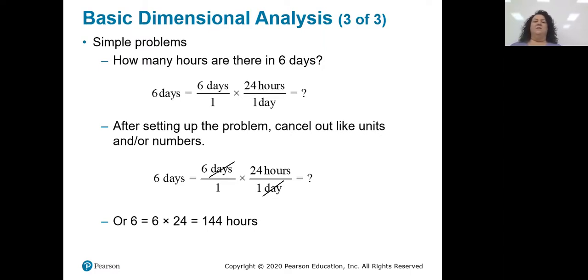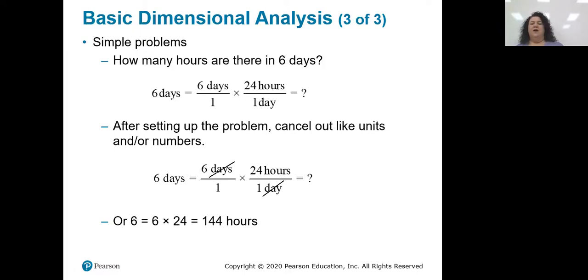Now they have very specifically made sure to list hours above day, because once you set up a basic dimensional analysis problem, the very next thing you do is cancel out like units and numbers. So you can see in the next step that they have drawn a line through days where it was beside 6 days.